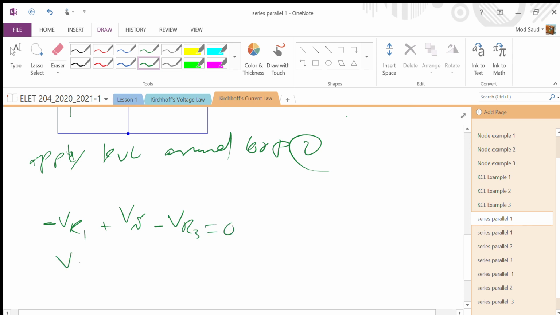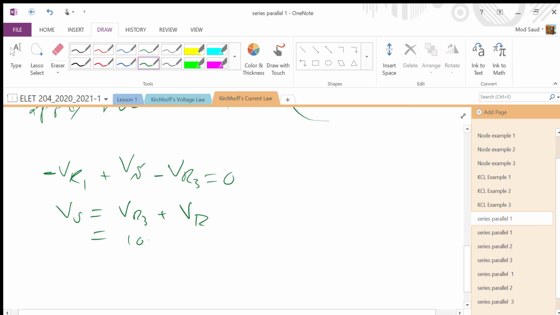So VS equals VR3 plus VR1, which is equal to 100 plus 360 volt, or it is 460 volt. Thank you.